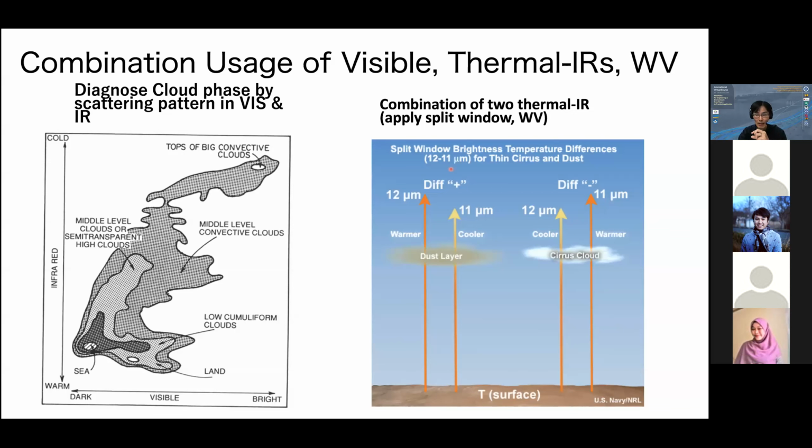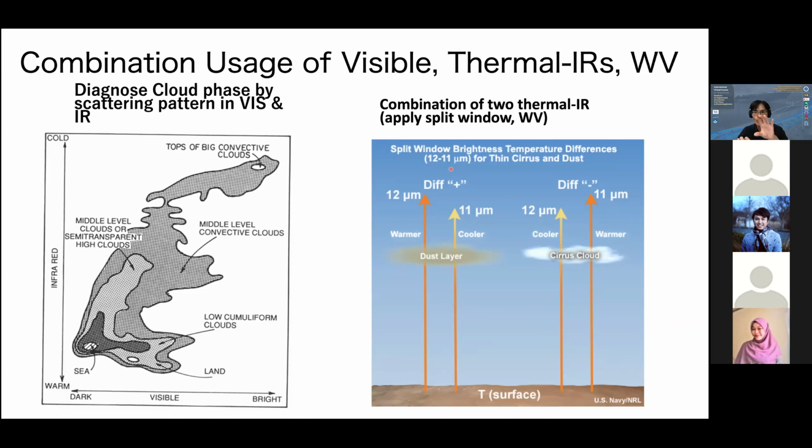Such emissivity differences in the thermal infrared regions can be utilized for material detection in the thermal infrared band, using the split window brightness temperature difference, 10 micrometers minus 12 micrometers or 10 micrometers minus 11 micrometers.